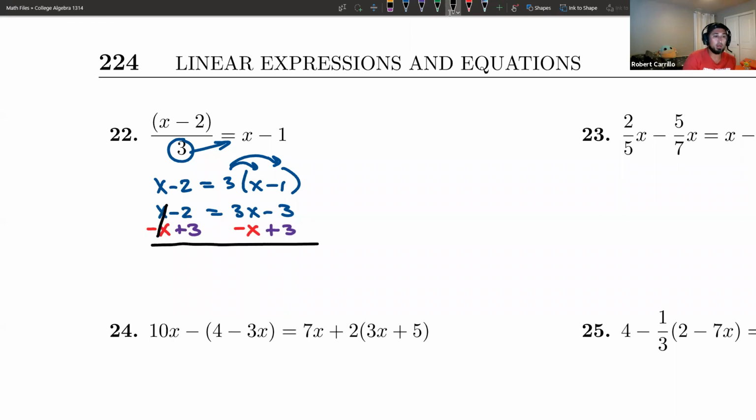And x's are gone, 3's are gone. Now, negative 2 plus 3 leaves me with 1. And 3x minus x is 2x. Divide by 2. And we get x equals 1/2. Half.